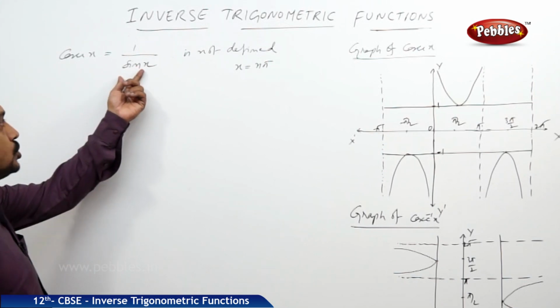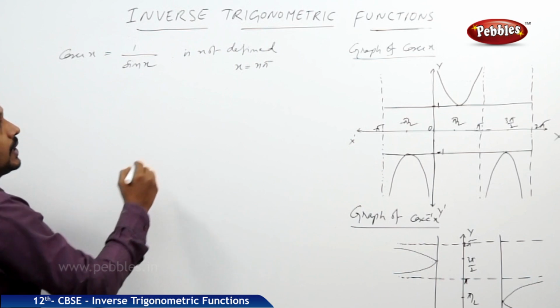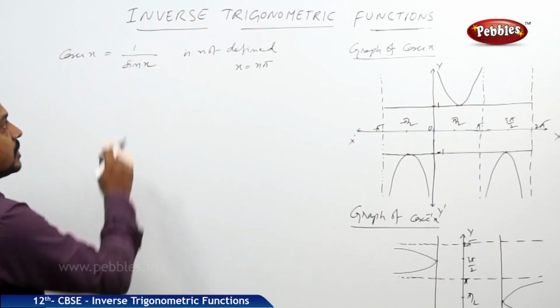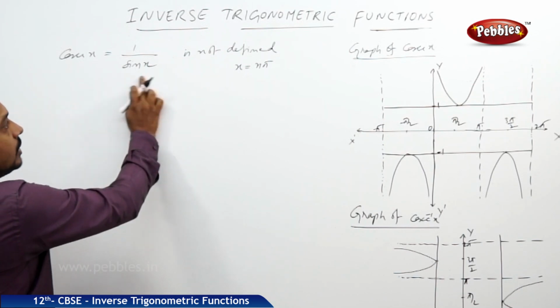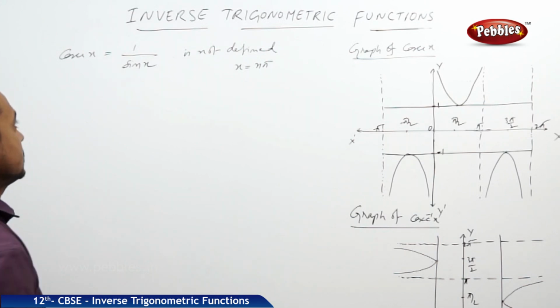When x is equal to 0, pi, 2 pi, 3 pi, the general solution is x equal to n pi. Now in such cases, this 1 by sin x does not exist, because sin x becomes 0 and the denominator becomes 0, then the function does not exist.